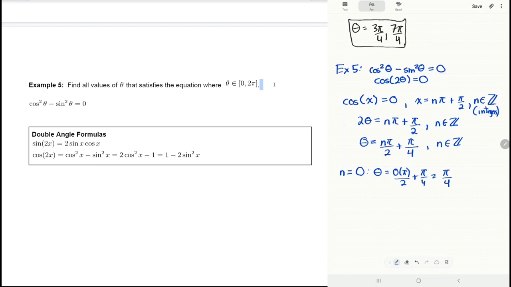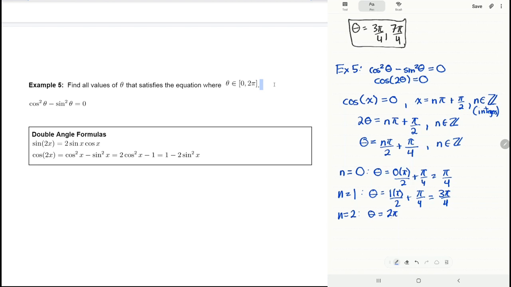So we're going to let n be equal to 1 to find the next angle. So theta is going to be 1 times pi over 2 plus pi over 4. This will be 3 pi over 4 if you use a common denominator of 4. For the next angle, let's let n equal 2.